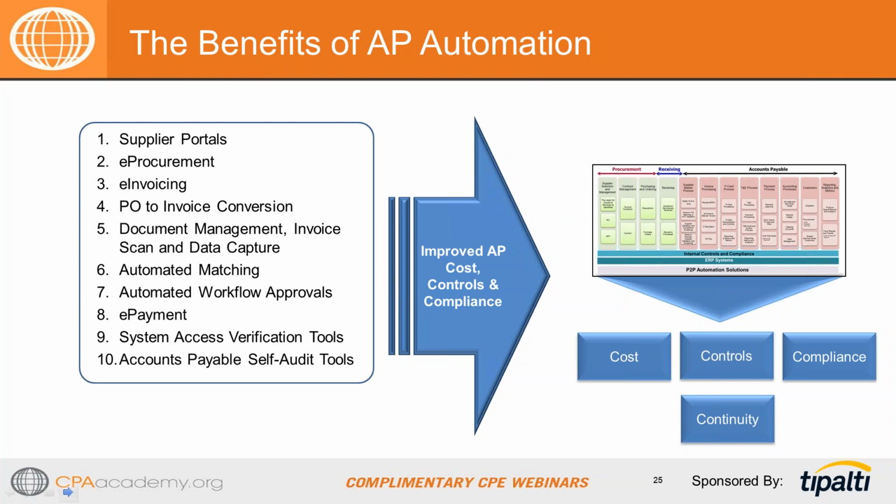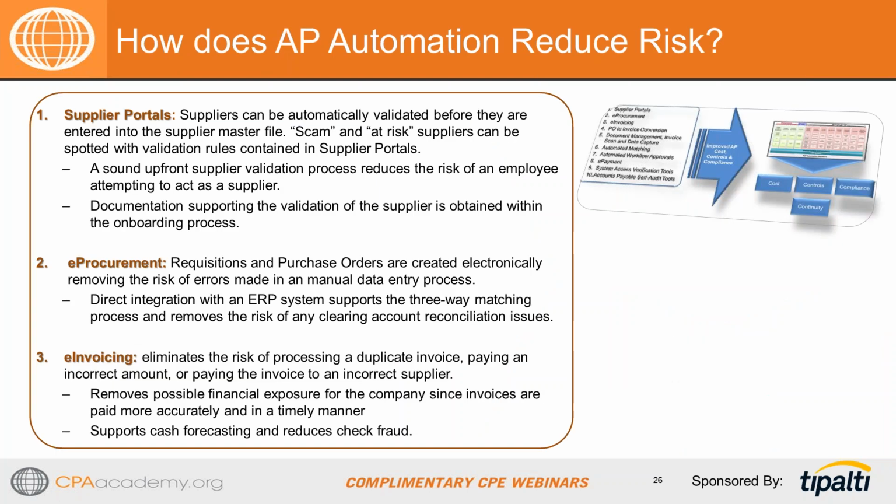All right, so how does AP automation reduce risk? With a supplier portal, there's really a couple ways to look at this. Suppliers can actually get a status of their invoices to see where they are in the payment process.